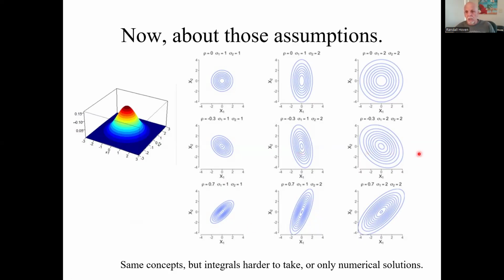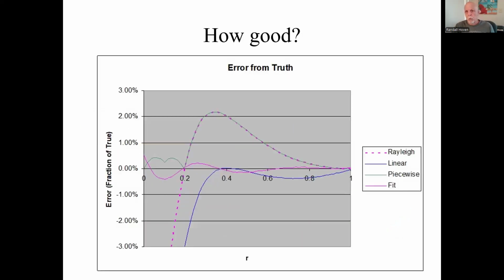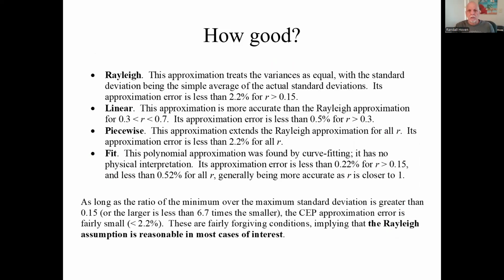If you look at any of these ellipses shown, even this most elongated one, I don't think the sigma along the long axis is even, I don't know, 2 or 3 times that along the other axis. We have to have a really elongated ellipse before you start getting bad approximations using the Rayleigh approximation.